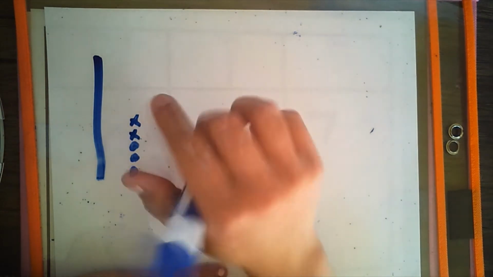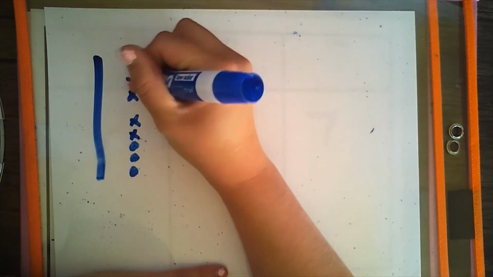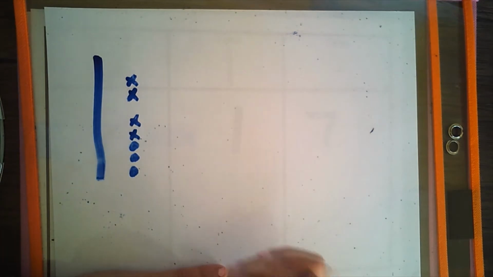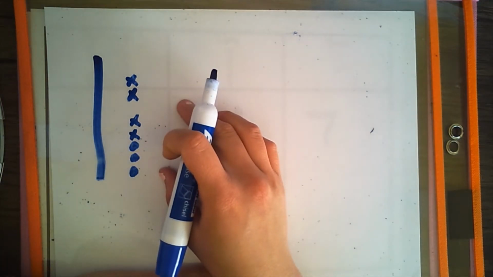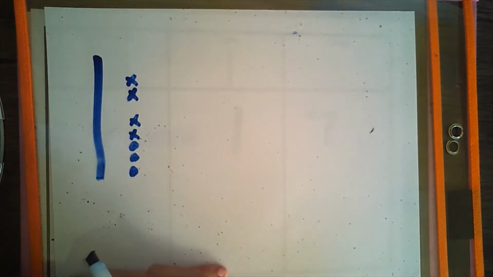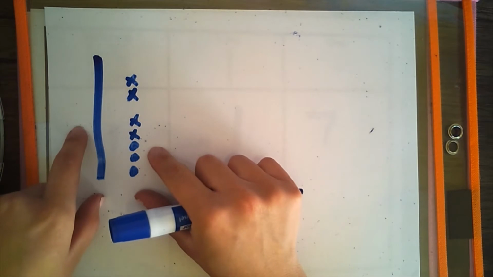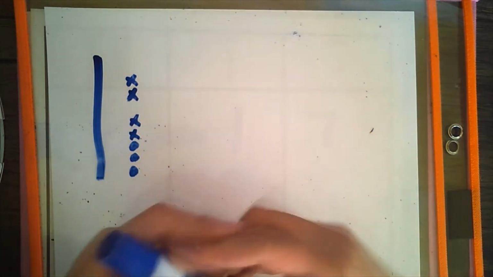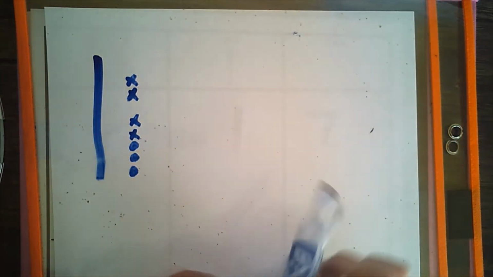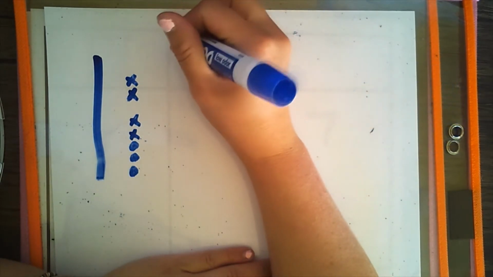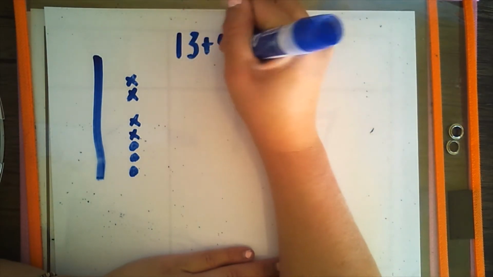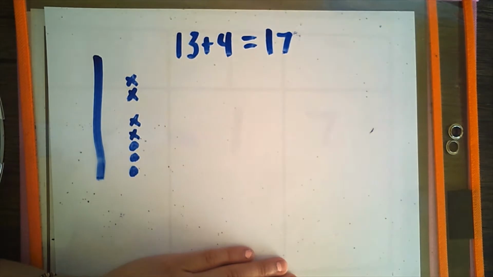So we have a 5 group there. And we added 4, so you have to be careful about how many you're drawing. Great job. Now we're going to say the number sentence using our drawing. 13 plus 4 equals 17.